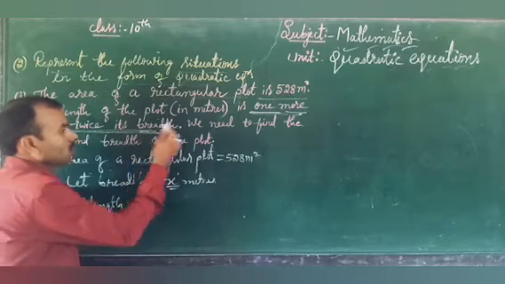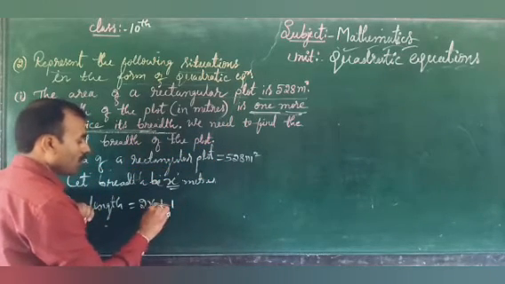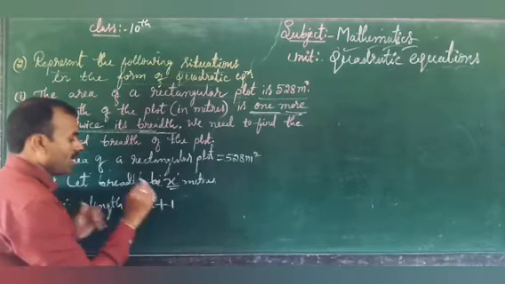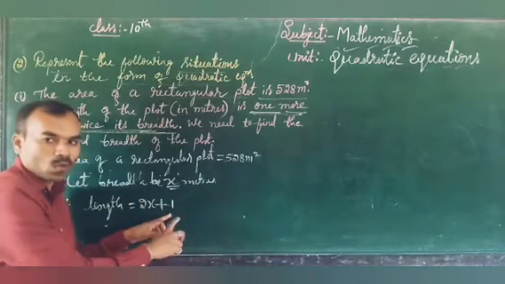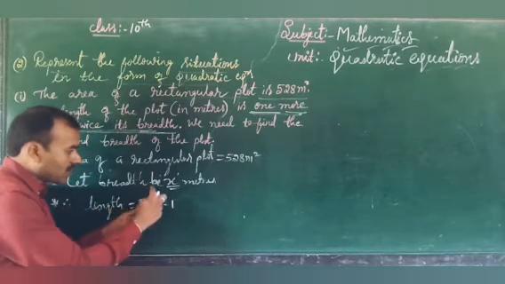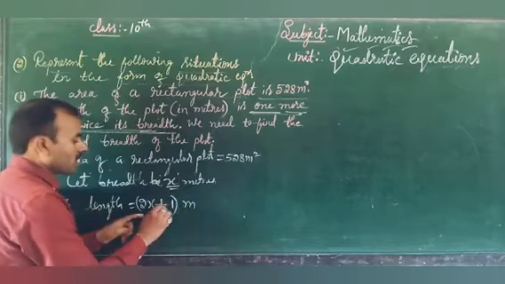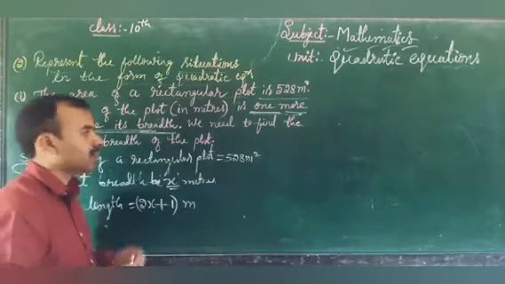Then 1 more than twice its breadth means we have to add 1. So length is 2x plus 1 meters.